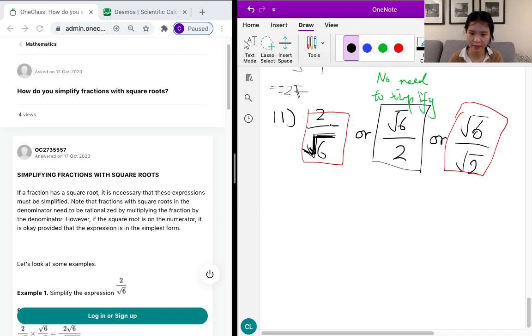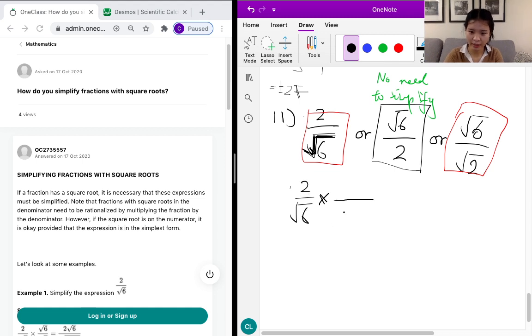Okay, so let's try to simplify 2 over the square root of 6. How we simplify this type of expression is that we multiply this fraction by 1, or by a number that has the same value as 1.